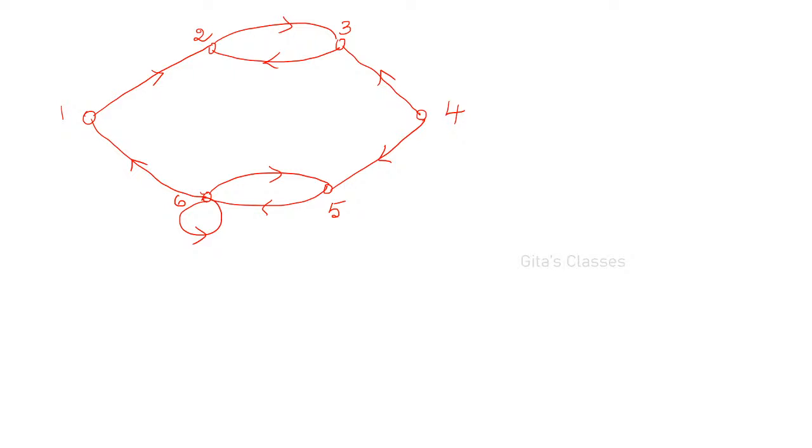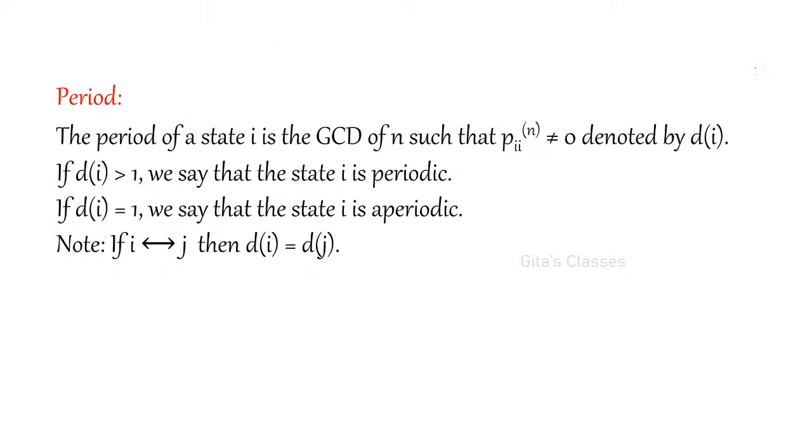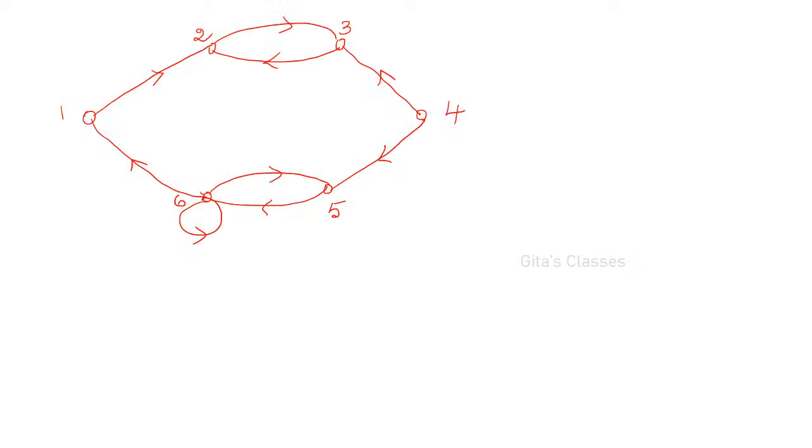So now let us find the period of all the states. If you have only one route, you take the number of steps. If there is more than one, you consider the greatest common divisor. What about state 1?